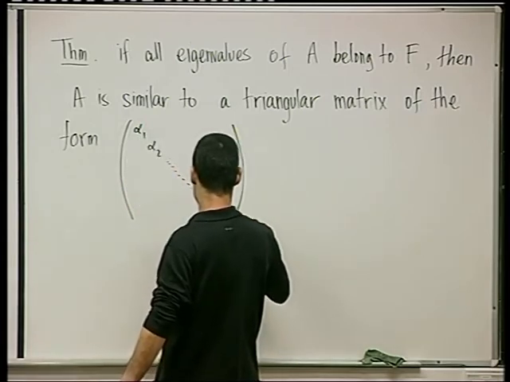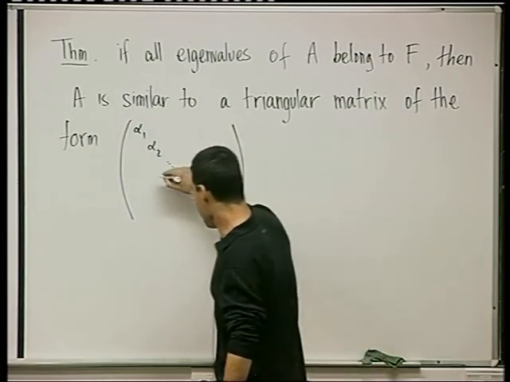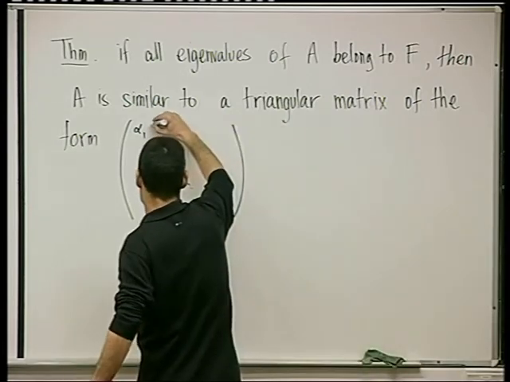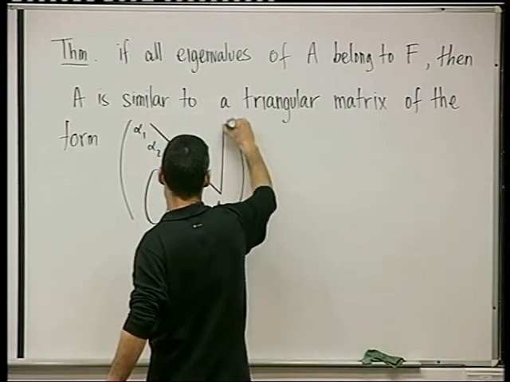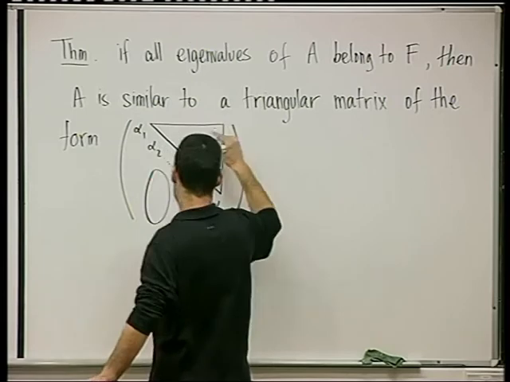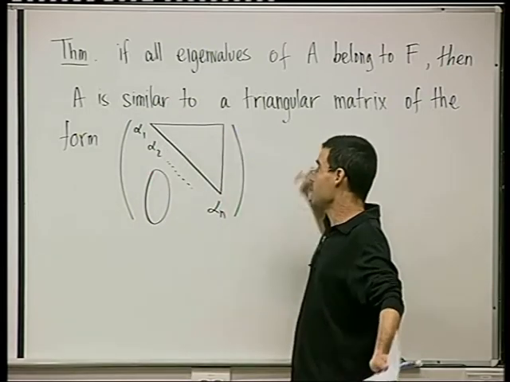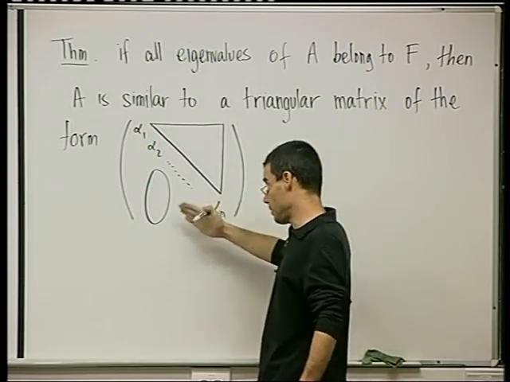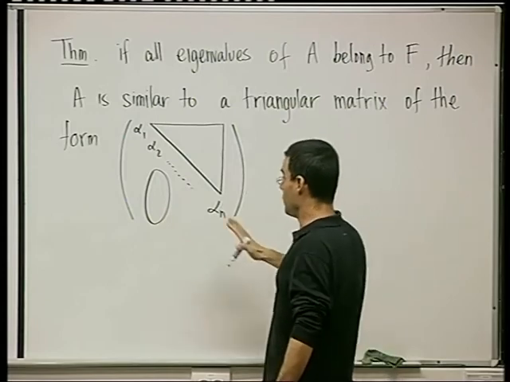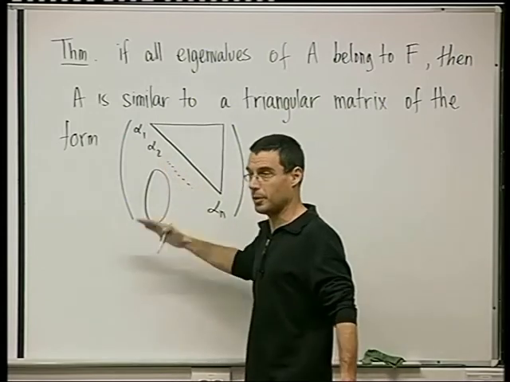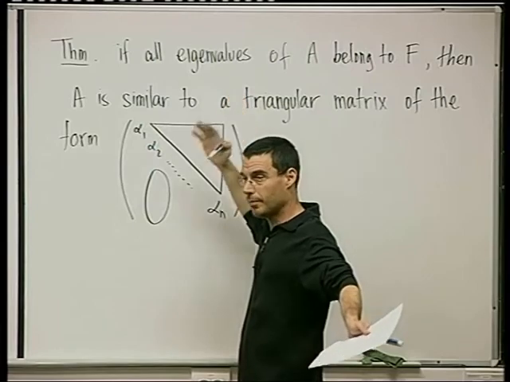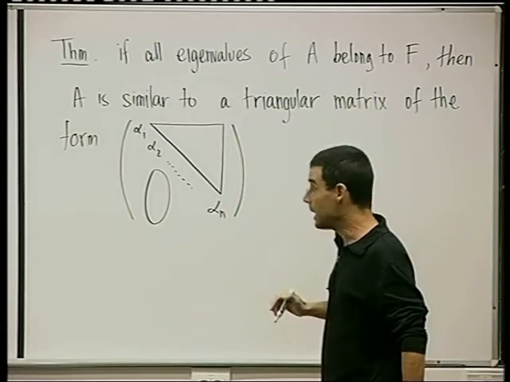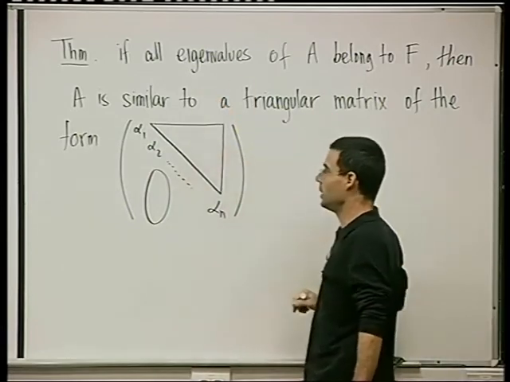These are the eigenvalues of A. We're still going to have a big zero under the diagonal, but we're going to have stuff above the diagonal, and I can't say much about it. So this is a weaker theorem in terms of the result. Here there can be anything non-zero. It doesn't give us what we really want. It only makes the bottom half zero, but it's still something. And it's true for any A as long as all the alphas are in the field.